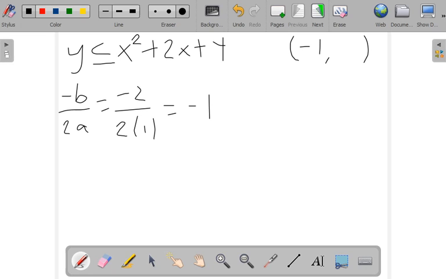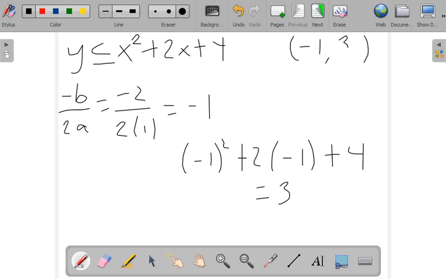We take negative 1 and substitute it back in. So you have negative 1 squared plus 2 times negative 1 plus 4. And this comes out to equal 3. So the y-coordinate of the vertex is 3.